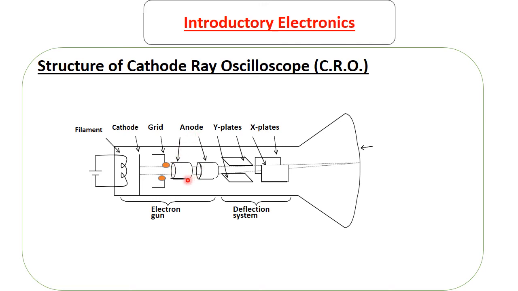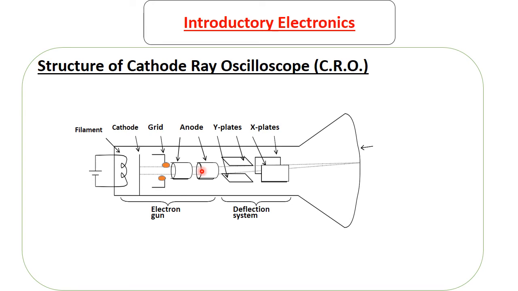So the next is the anode. Remember, in the illustration I gave of a cathode and an anode in a vacuum. By the way, this whole thing is a vacuum. We have a cathode here and we have anodes here. These anodes are designed such that the electrons will be forced to move in between them, at the center of the anodes. That's why they're cylindrical, so that the electrons are pushed to move in between them.